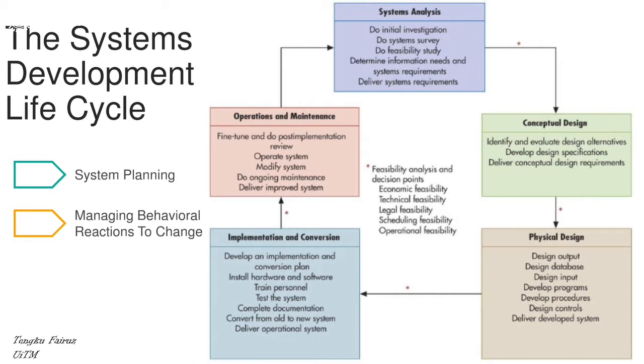And then the next process is implementation and conversion: the implementation and conversion plan, how to install hardware and software, the training part, and so on. The last phase is operations and maintenance: fine-tuning and doing the post-implementation review.